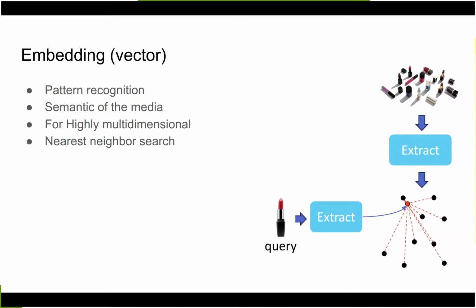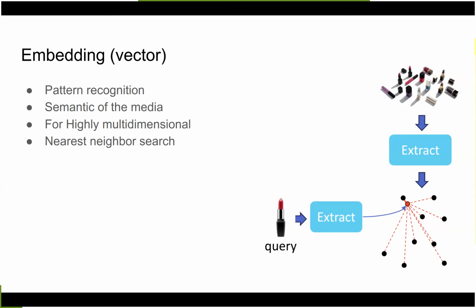Let's go back to relational database management systems. They usually create indexes like B-trees or hash tables to speed up the search.